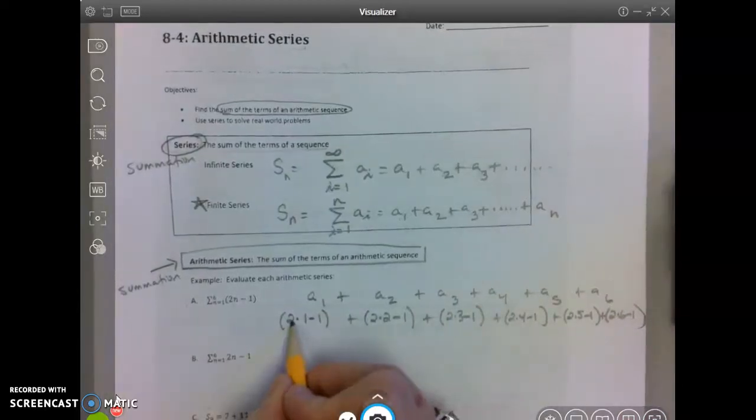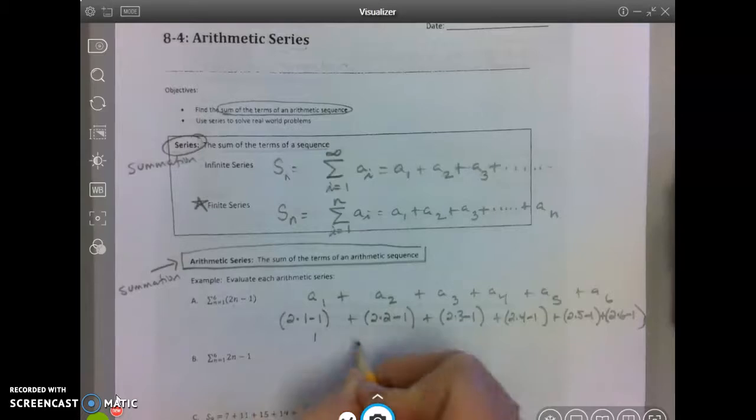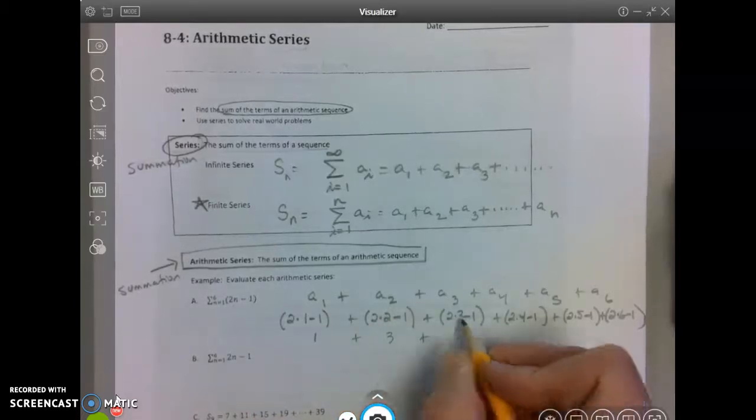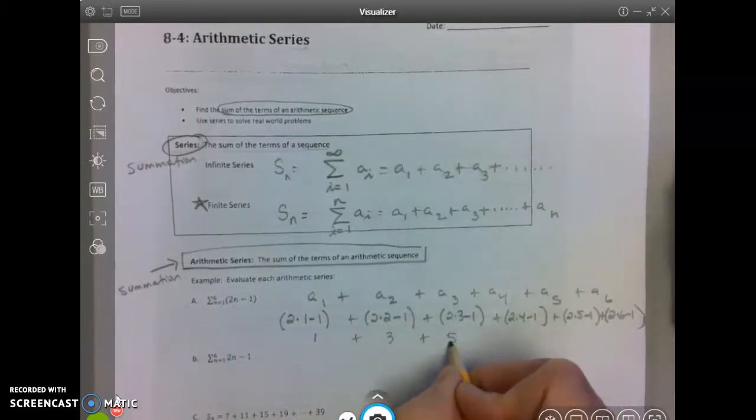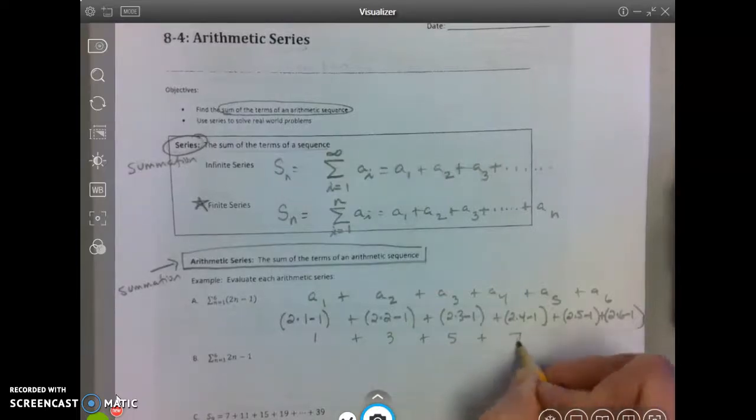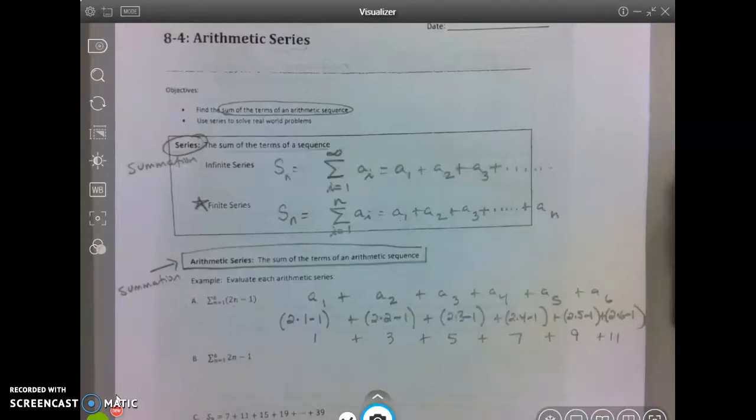So 2 minus 1 becomes 1, 4 minus 1 is 3, 6 minus 1 is 5, 8 minus 1 is 7, 10 minus 1 is 9, 12 minus 1 is 11. We add them up and we get our final answer. I'll let you go ahead and add those up and get that final answer.